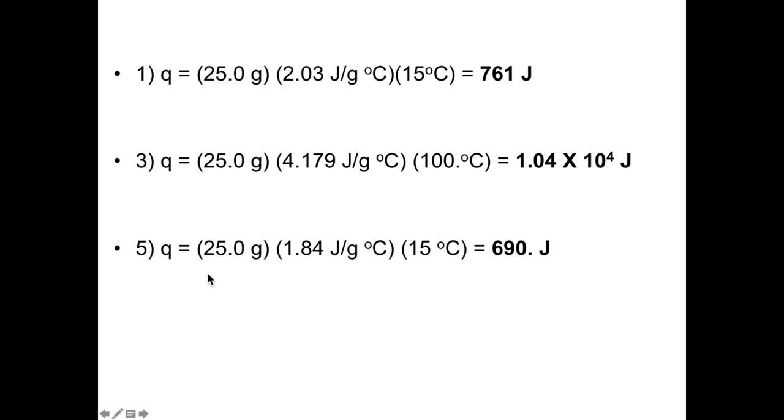Last one, you're going to take 25.0 grams of water times the specific heat capacity of water vapor, which is 1.84. Then you're going to have 115 minus 100 to get us 15 degrees Celsius. Multiply that together, you're going to get 690 joules.